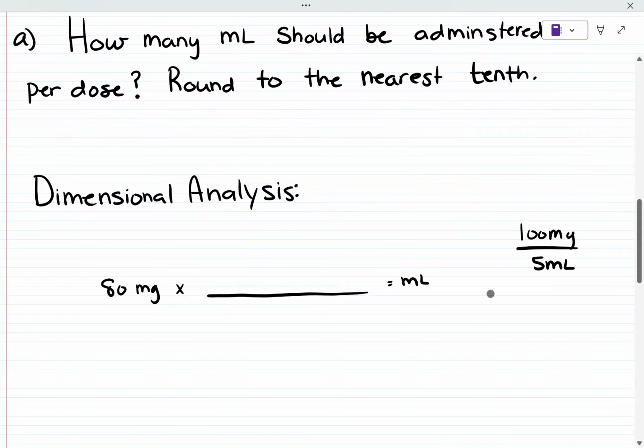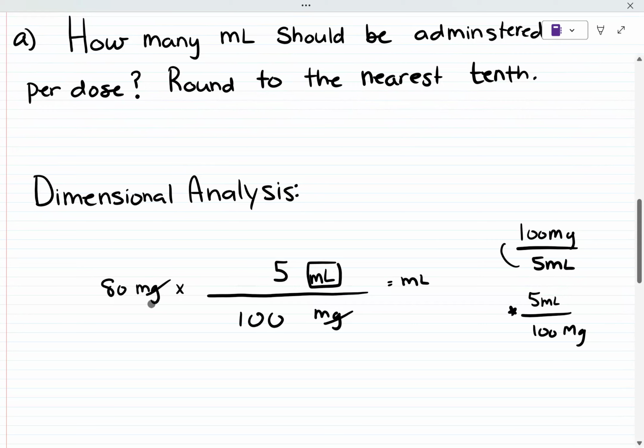We have to flip it. Does flipping change the concentration? No. You can say 5 milliliters for 100 milligrams. We want it like this because we want to get rid of the milligrams, so I put milligrams on the bottom and milliliters on the top. The milligrams disappear and you're left with the final units, milliliters. Sometimes you have to flip it, and that doesn't change your concentration.